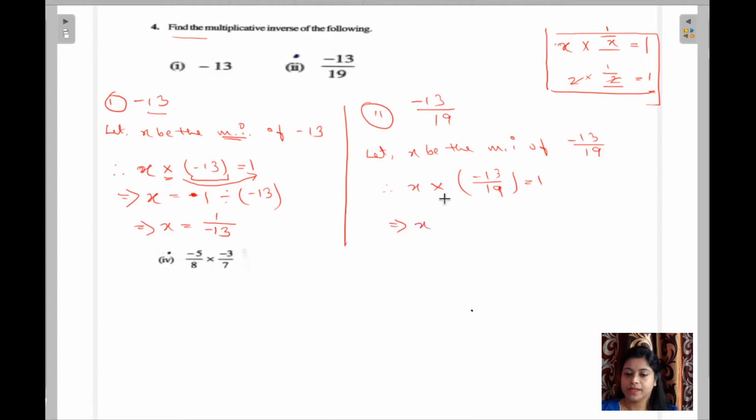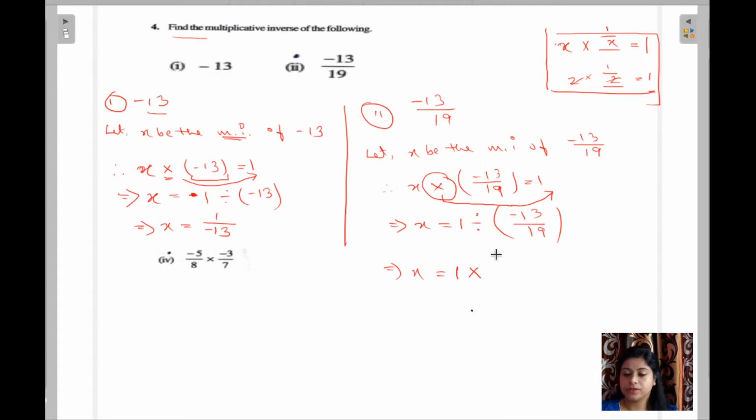So again this we have to take to the right side of the equal sign, so it will become division. So 1 is there, we will write 1 first, then the multiplication sign will become division, and we will write the number exactly the same. So this implies x equals 1. Now how to do this division?